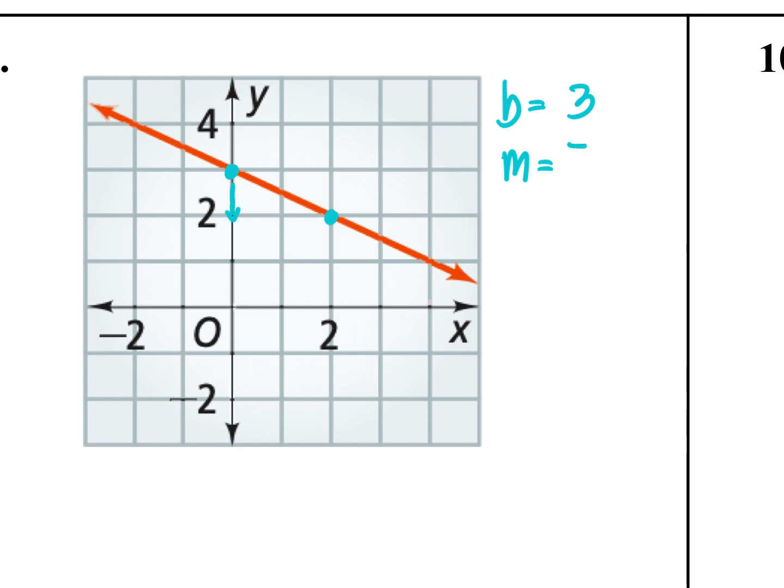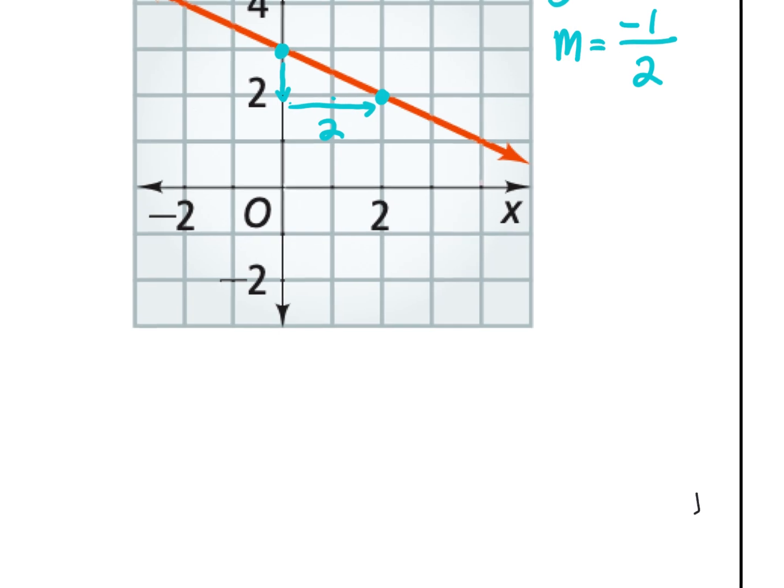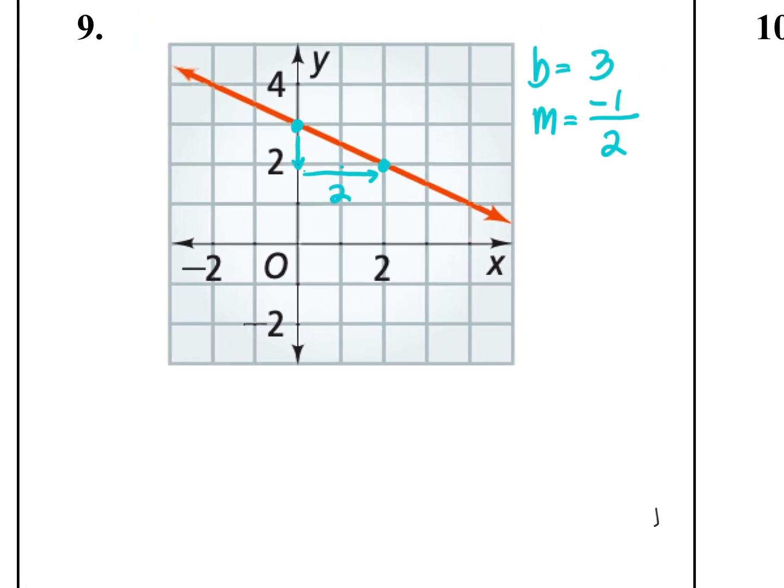That's going to give you -1. And then it runs 1, 2, okay, here. 2 units to the right. So that's going to give you -1/2. So the equation of the line in here is going to be y is equal to -1/2 x plus 3.